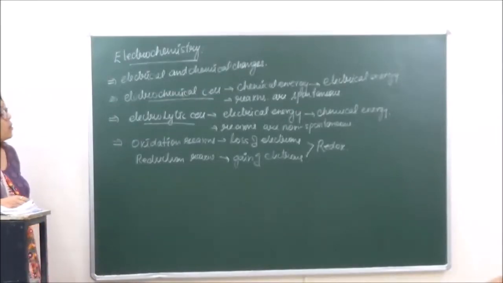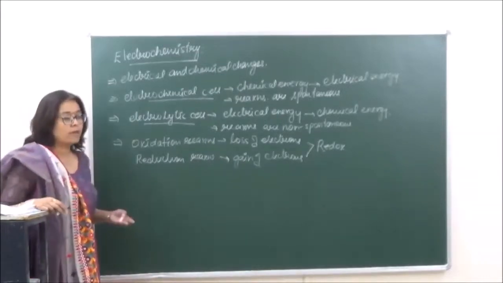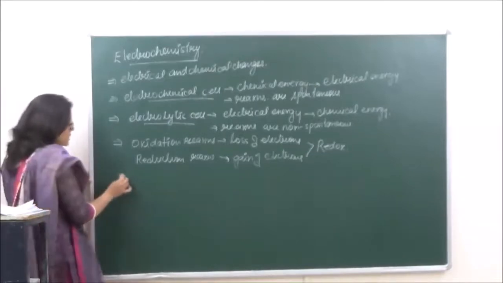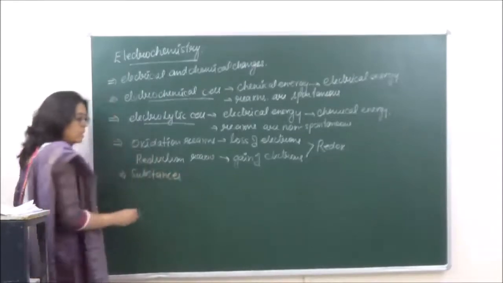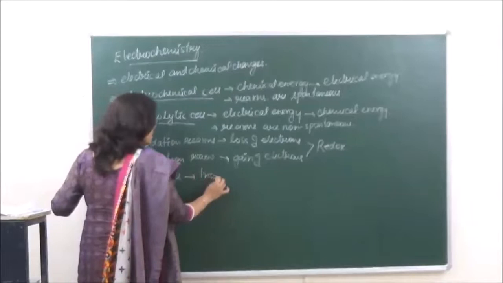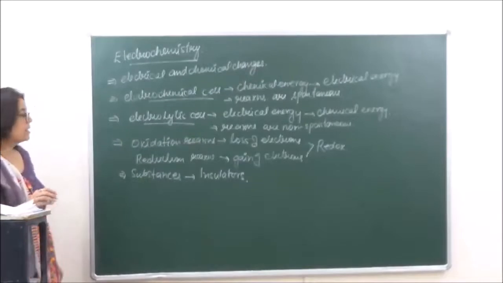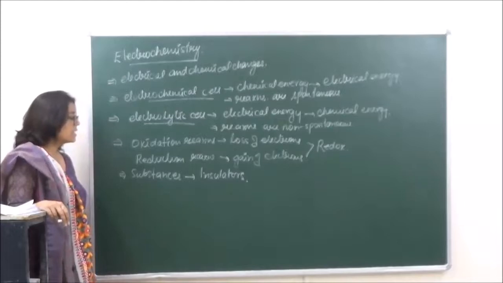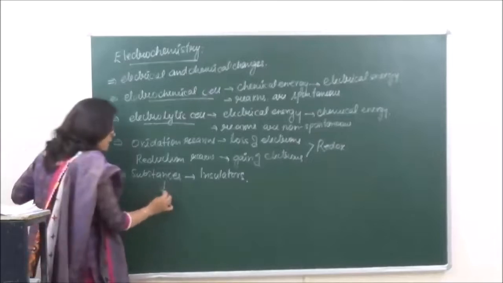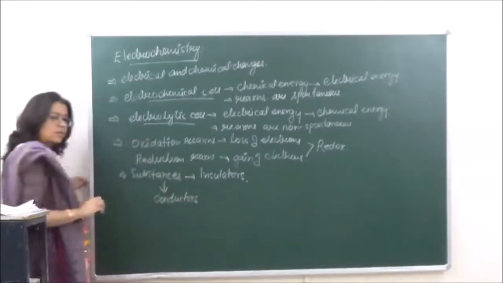Right? Now, obviously, when we are talking of flow of electricity or flow of current, we classify the substances into two types. One is known as insulators. We have done this in the first chapter. Insulators are those substances which do not conduct electricity, right? So substances are classified into two. The first is known as insulators, and the second is known as conductors, right?